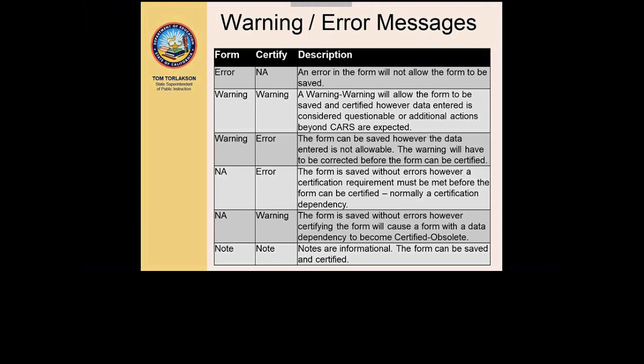Certify error messages will prevent the form from being certified. Form warning messages allow you to save the form. In most cases, form warning messages will become error messages when you attempt to certify. The messages displayed with the warning or error advise either what is wrong or what must be corrected. Again, you can refer to the data entry instructions for error resolutions.